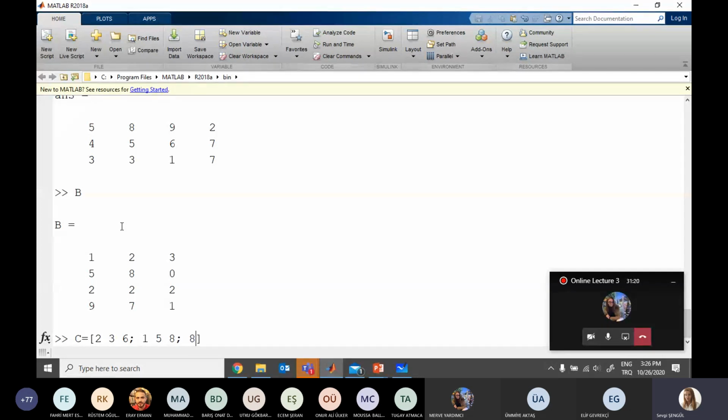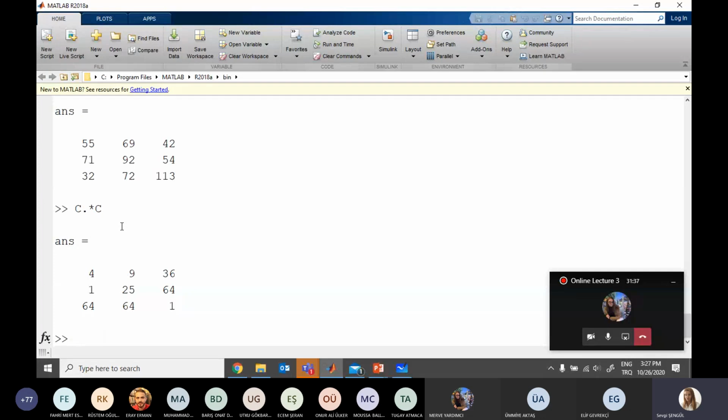I don't know, I am just writing a couple of numbers. So 3 by 3. And if you do C times C, you will get this result. But if you do C dot times C, you will get that result.